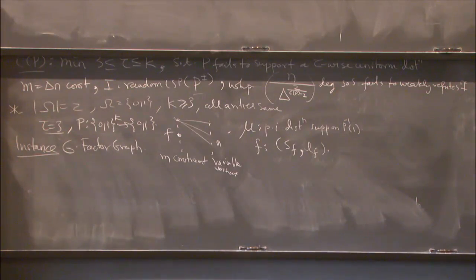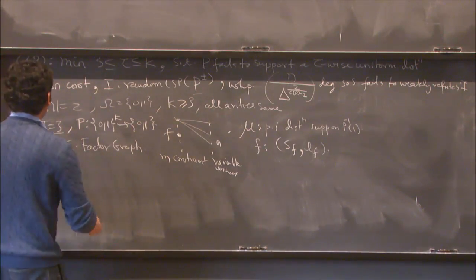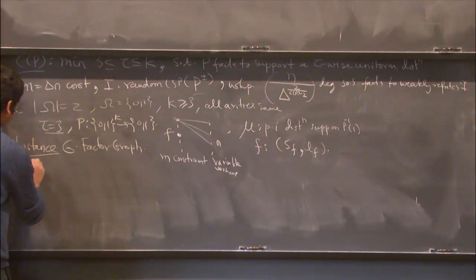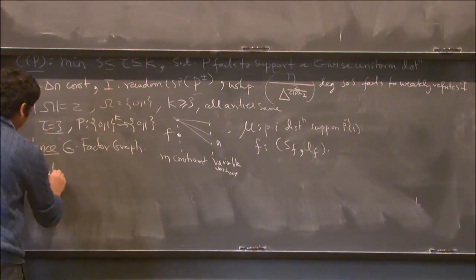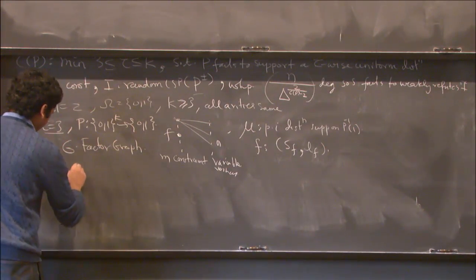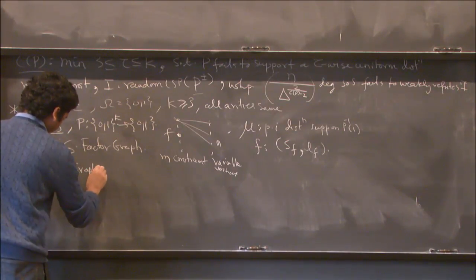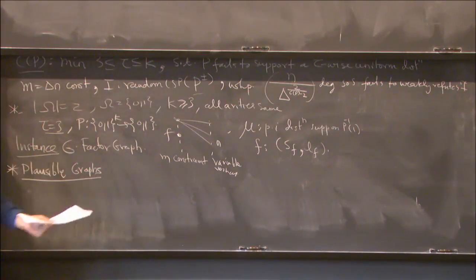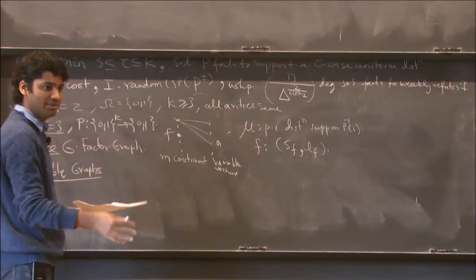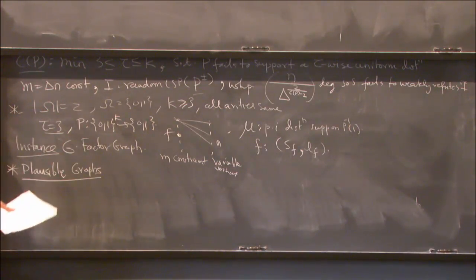Now let me tell you this expansion kind of assumption that I want to make on the graph, which random graphs do satisfy. Random factor graphs would satisfy. I want to call these plausible factor graphs. You see the name is suggestive: these are the only ones that can happen in a random instance.